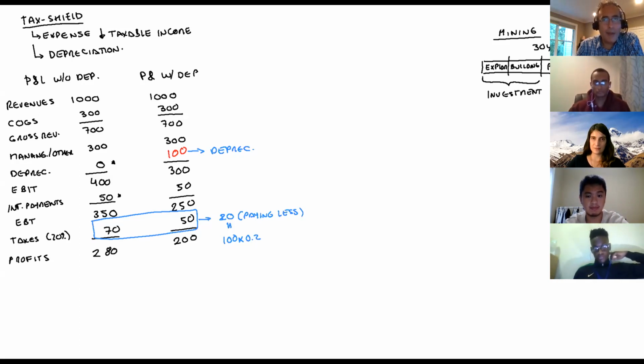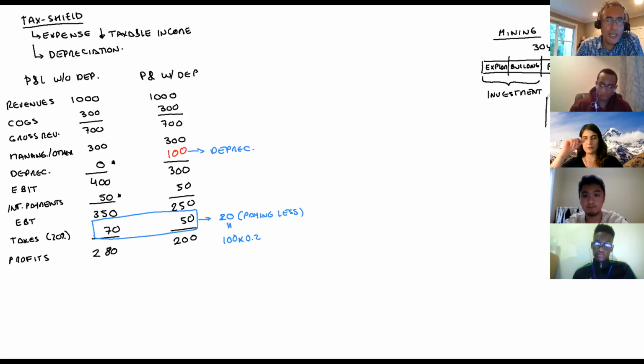Makes sense? But the bulk of the money is invested at the very beginning. Got it? And then what happens when you invest at the very beginning? This number here is going to simply go up. And in the production side, the production in a mine, guys, is more or less like any business.